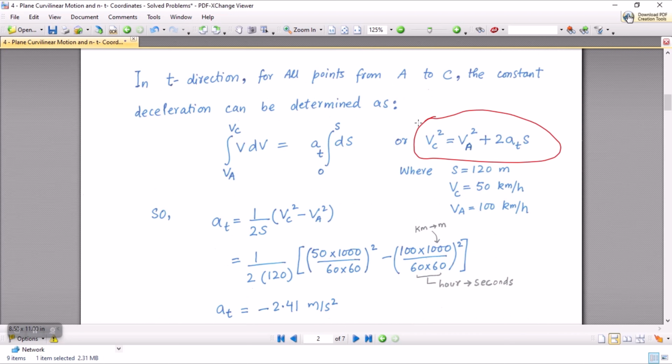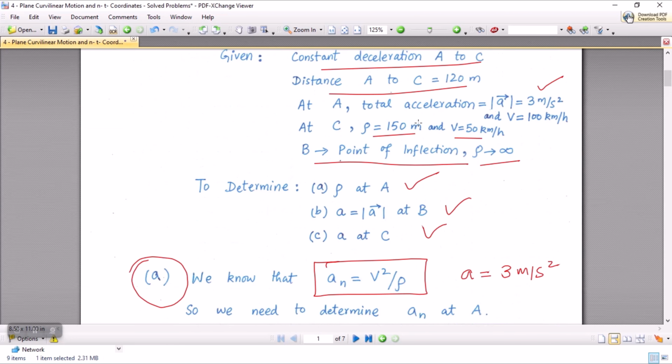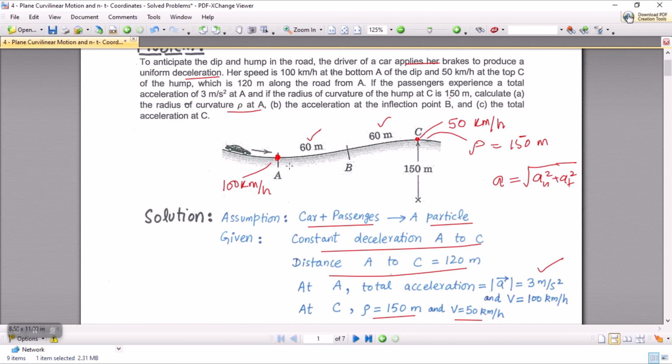Because it says that the acceleration remains constant, it is a constant deceleration case. At point A, the brakes were applied, and then at C, the velocity reduced to half, right? And there is a uniform deceleration between these 2 points. So in the constant acceleration case, think of an expression in which the initial and final velocities are given, and you need to determine acceleration in between.